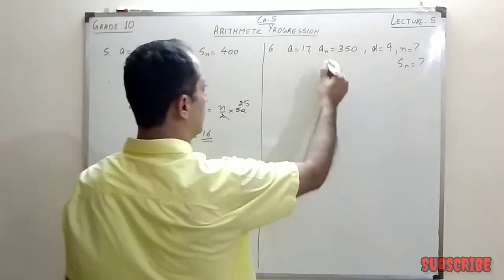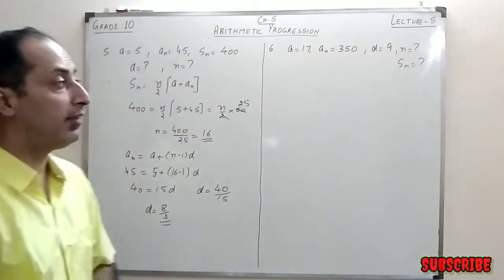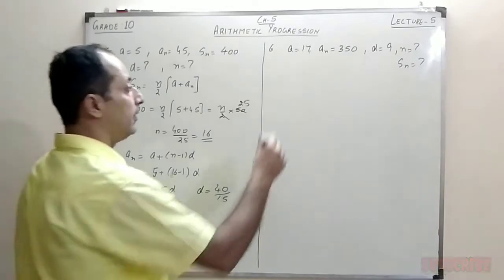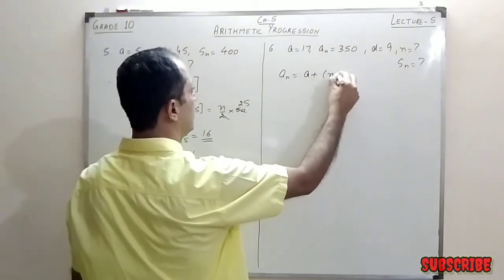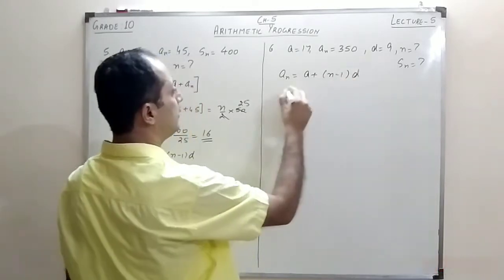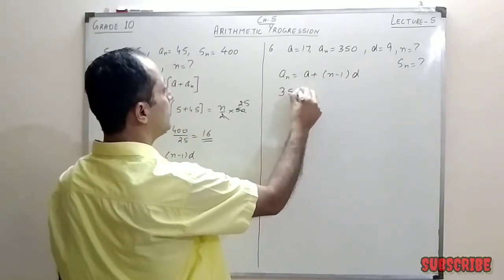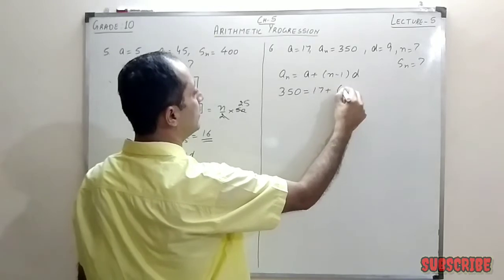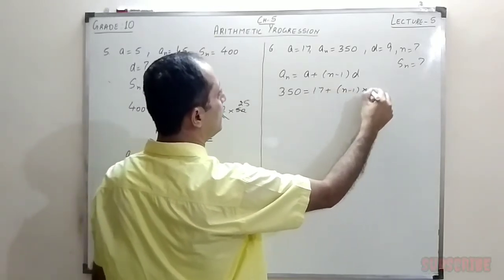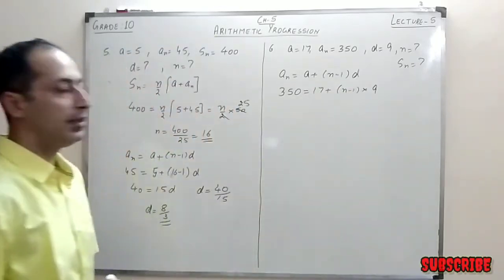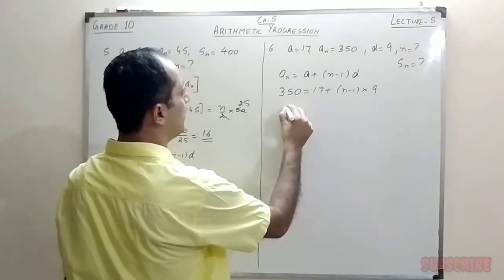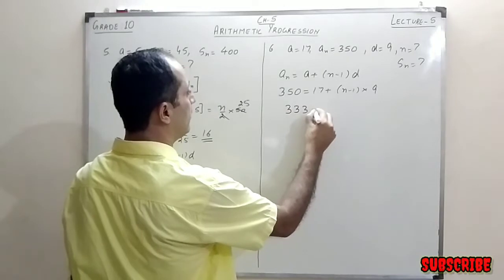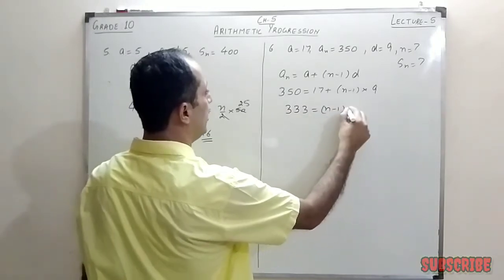What you can do, just use the relation of the nth term and then find the value of n. So we write an equals a plus n minus 1 into d. So this is 350 equals 17 plus n minus 1 into 9. Shifting 17 to the left side, we can just subtract it. It becomes 333 equals n minus 1 into 9.